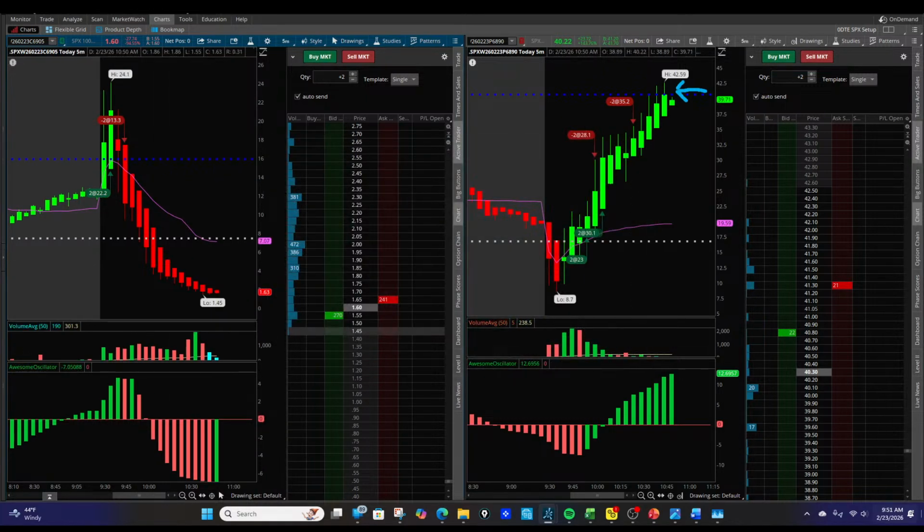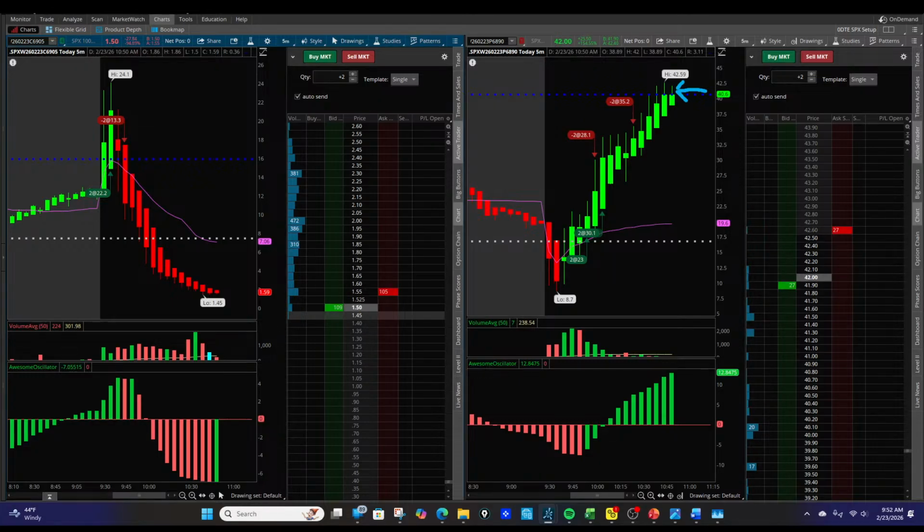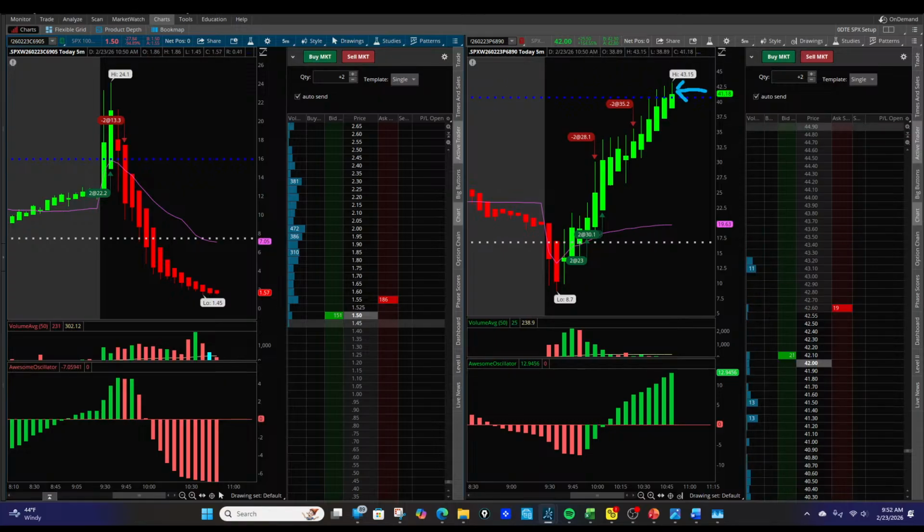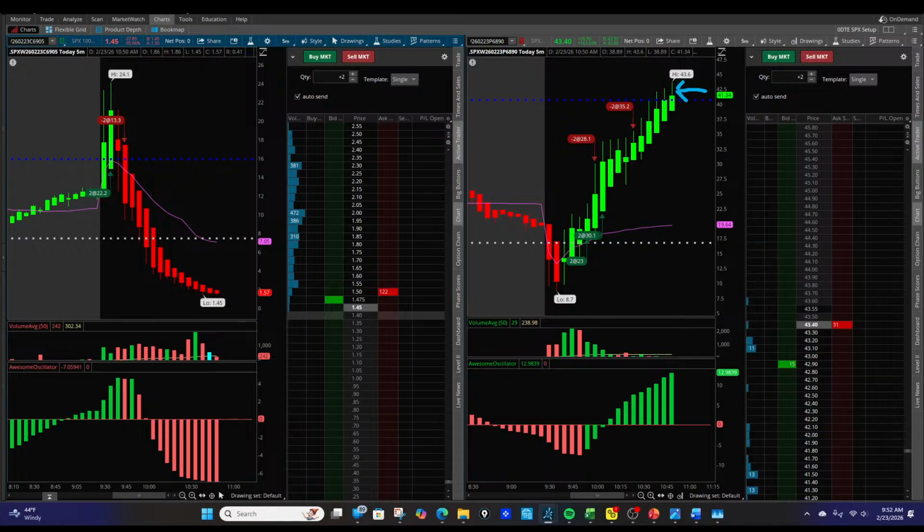If there is no volume, the stock is not going anywhere. Okay, we've seemed to pick up some volume, and it's rising. It's 43.40.